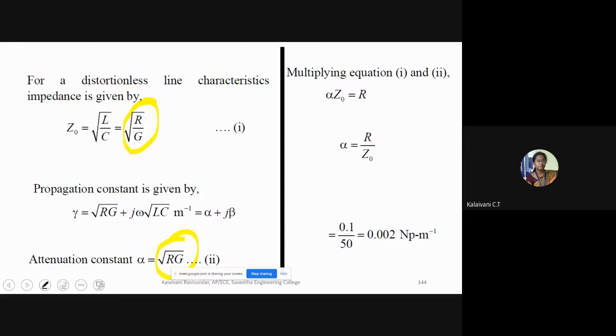Root R into root R will be equal to R. So alpha into Z0 is equal to R. Attenuation constant will be equal to R by Z0. R is given as 0.1, Z0 is given as 50. So your answer will be 0.002 Nepers per meter.